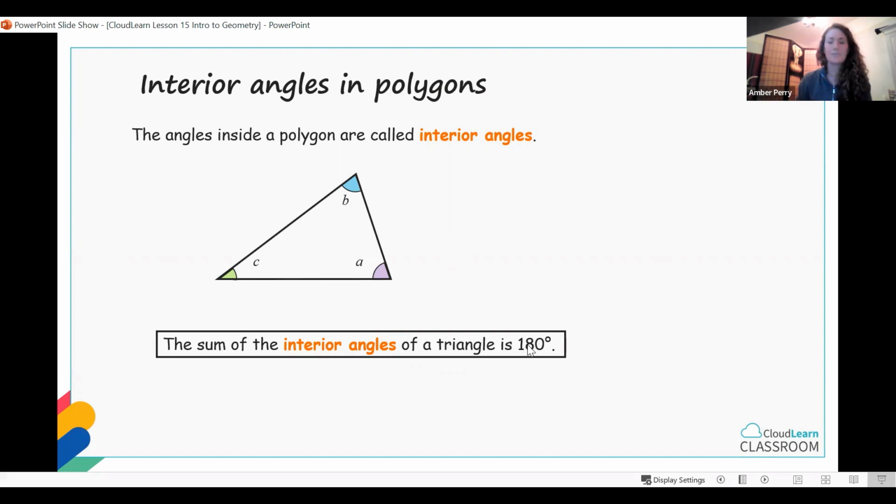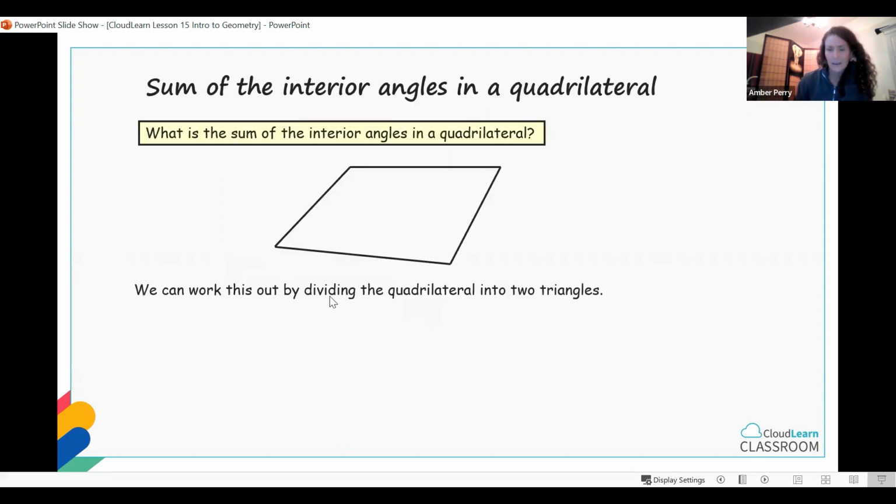And that's really important for the rest of this lesson because if I want to work out the sum of interior angles in a quadrilateral, which hopefully you know is 360, you can actually imagine dividing it into two triangles. So we can say, well, there's 180 degrees in there, and there's 180 degrees in there, okay?